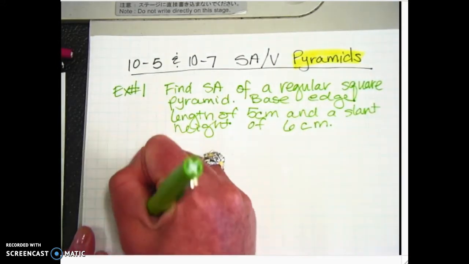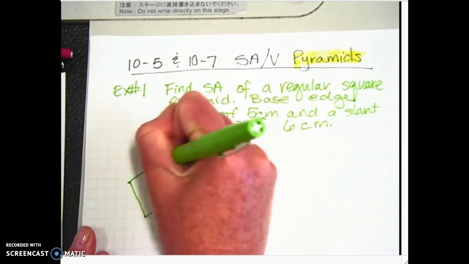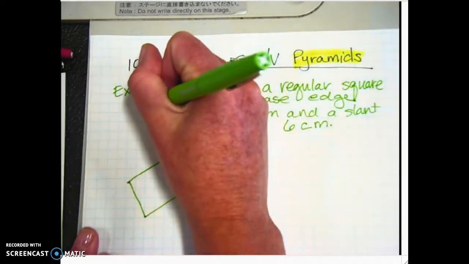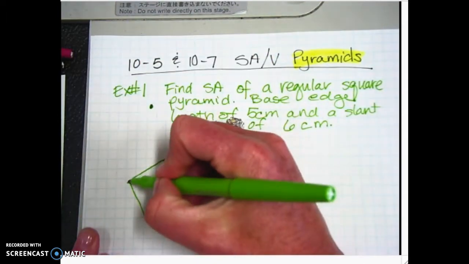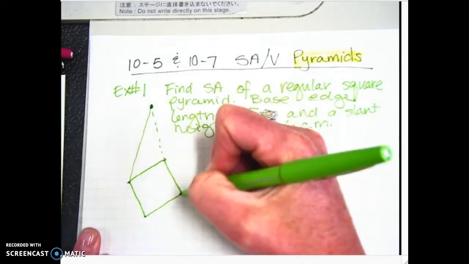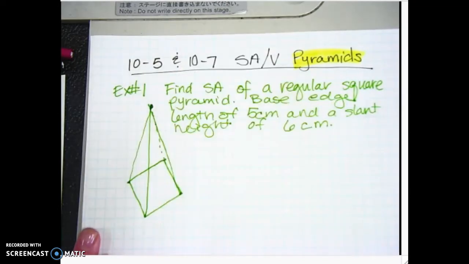We're going to draw a square, and that's going to be the base of our pyramid. Then we're going to come up above it and put an opposite vertex, and then just connect up to that guy. That one's going to be the back one. Okay, so there's your pyramid.